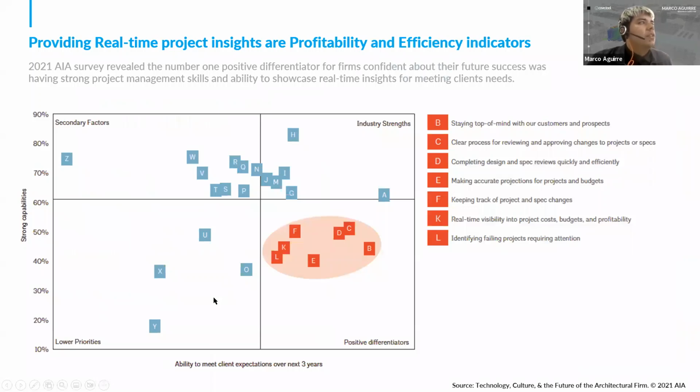One other thing about running analysis earlier on: in this survey from the Technology, Culture, and Future of the Architecture Firm, which is an AIA publication, 2 of the biggest profitability and efficiency indicators showcased in the group that was surveyed were these. One was being able to showcase strong management skills, and the other key detail was being able to show real-time insights.